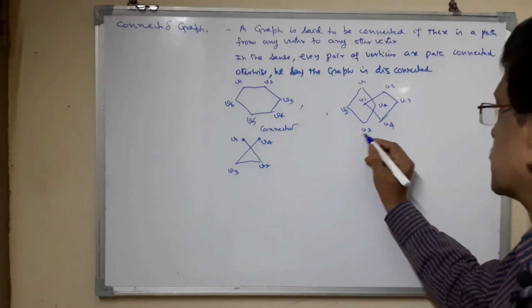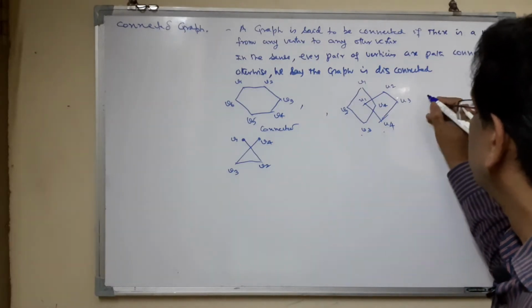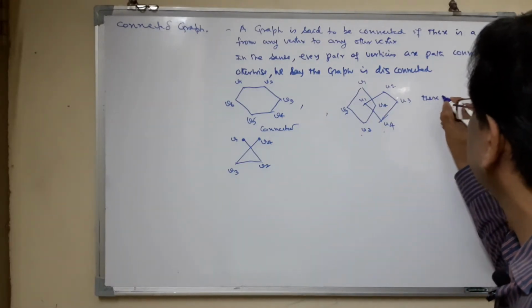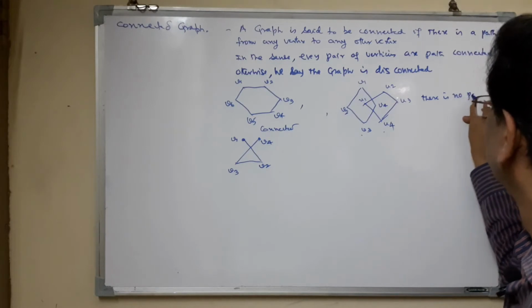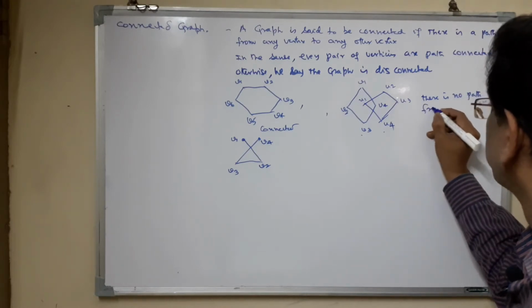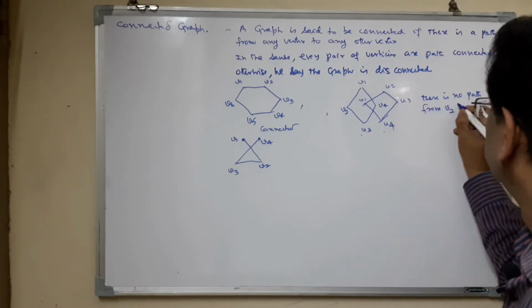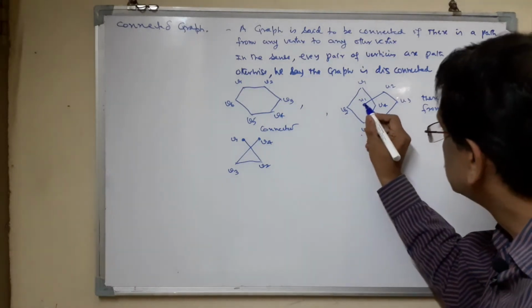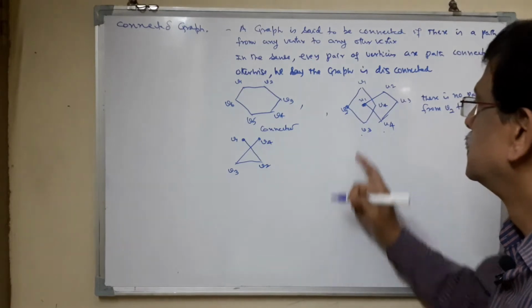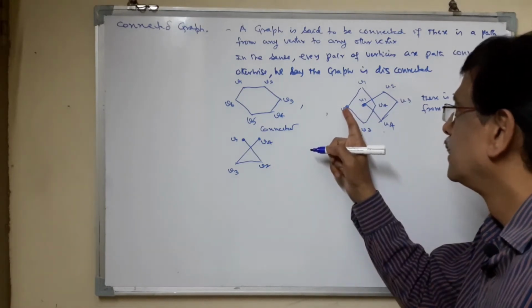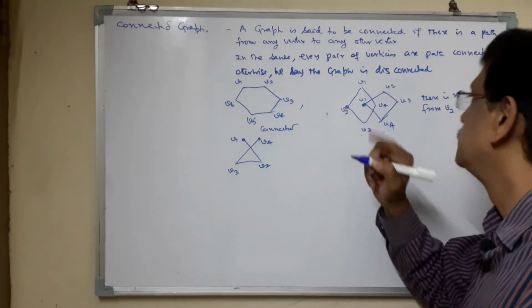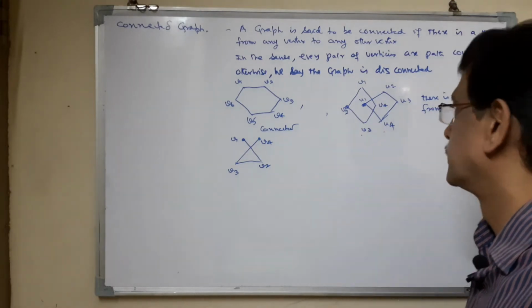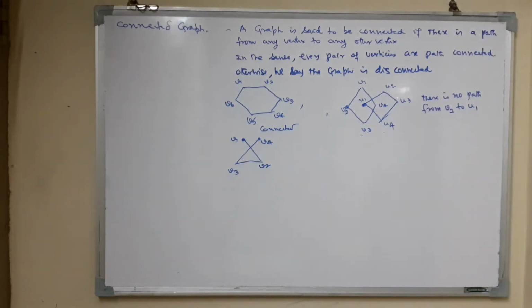These two are disconnected because there is no path from V2 to U1. This is U1. This is V2. You cannot travel from V2 to U1 through any path. There is no path, in fact.